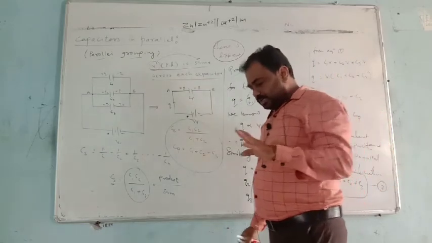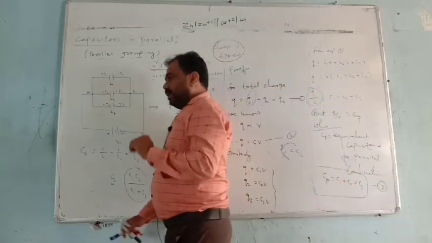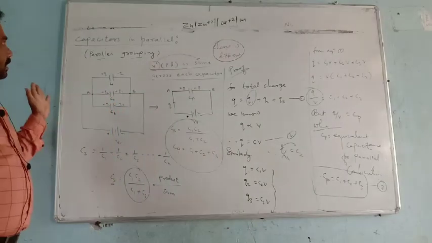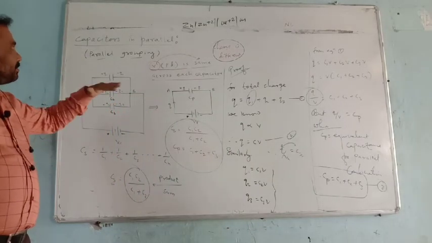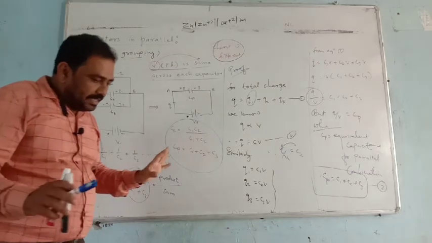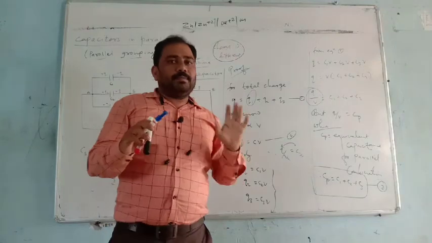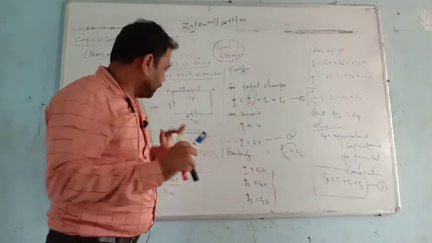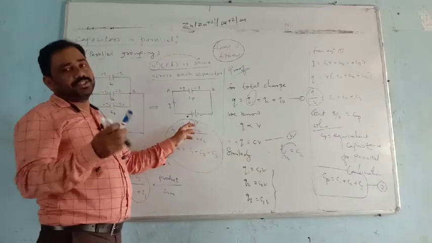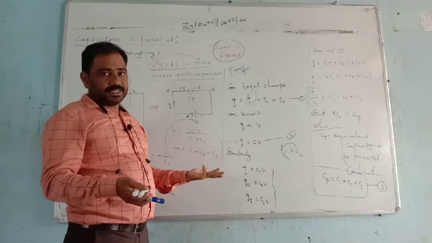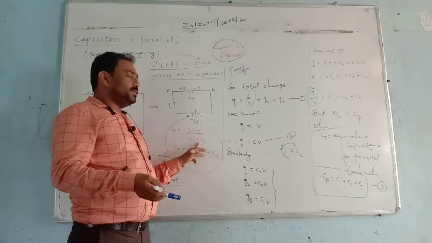Those students who can clear these concepts related to parallel grouping and series grouping can easily solve problems depending on the equivalent capacitance, because they know the equivalent capacitance for series combination is just the product upon summation, C1 into C2 upon C1 plus C2.